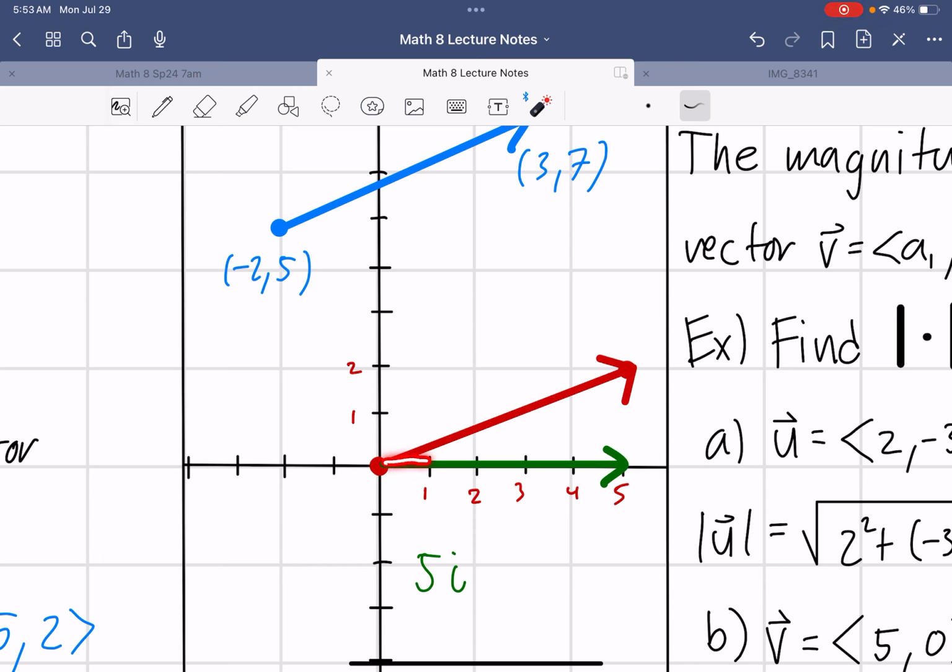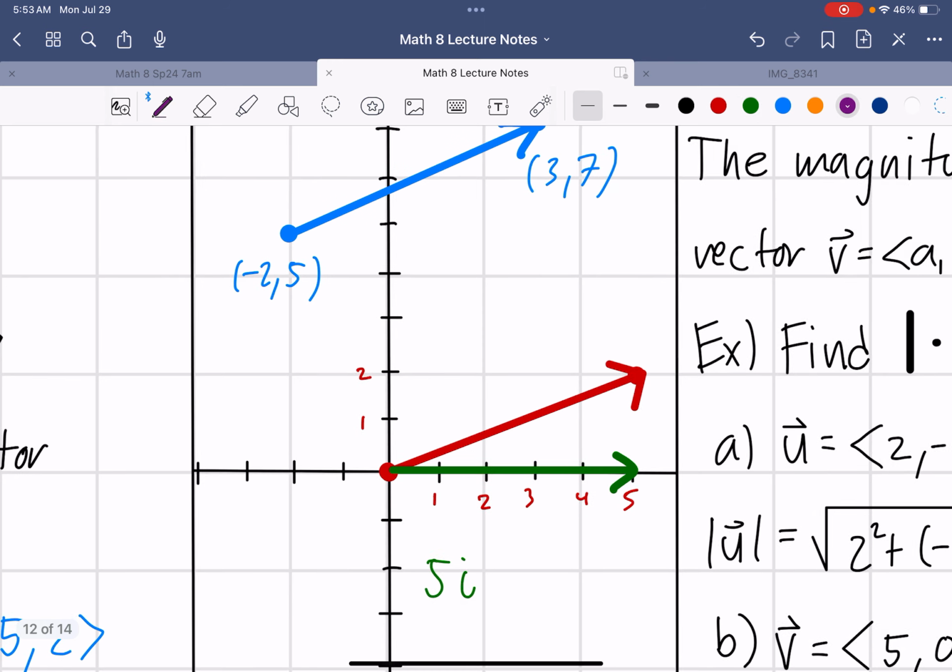So even though this vector has a length of 1, the moment I multiply by 5, it'll have a length of 5. And then I can add it with another vector of length 2. And this is going to be 2j. And then all we're doing, we're essentially just adding these two vectors together.